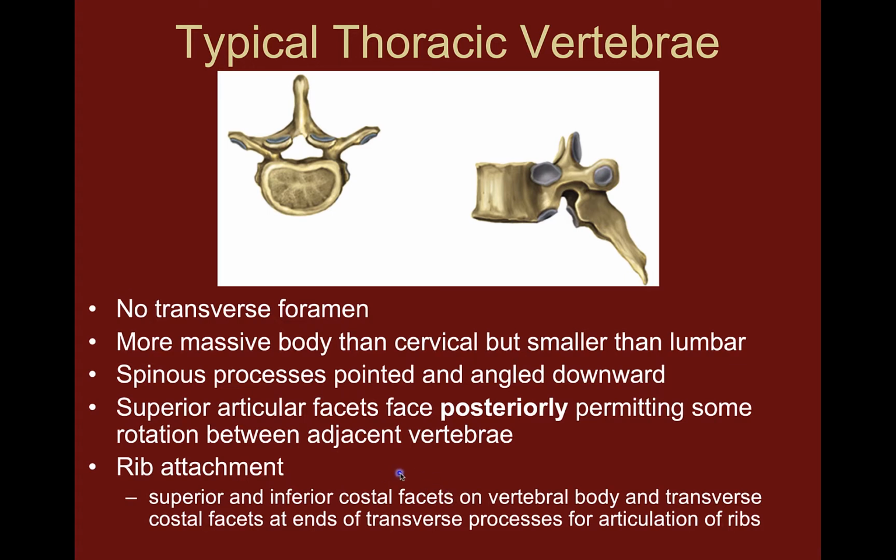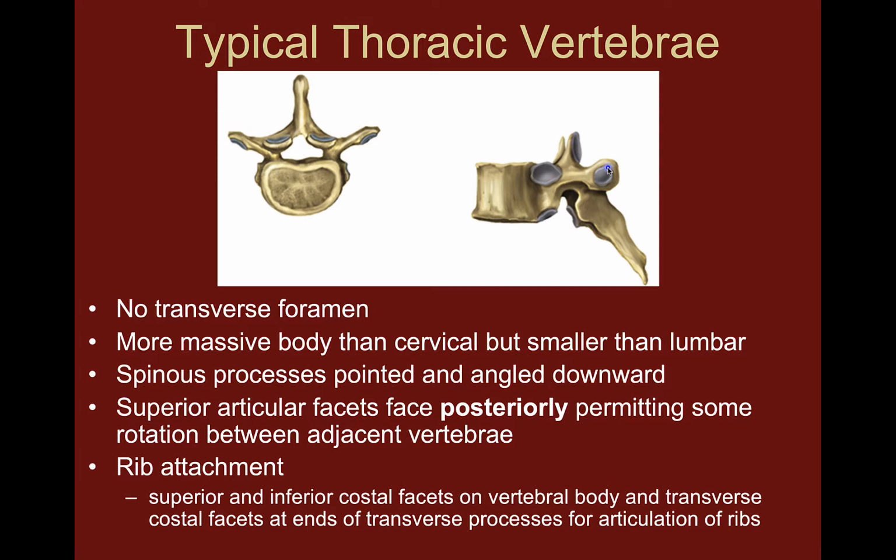Now, what we also will see here is that we have costal facets, and I'm going to draw a circle around this with my laser. Costal facets. This is something that's going to start causing some confusion. So our superior articular process and facet, our inferior articular process and facet, but then we have superior costal facet, inferior costal facet, and a transverse costal facet.